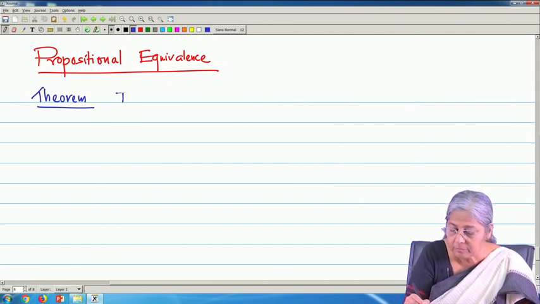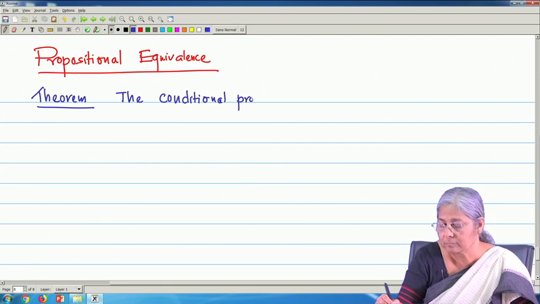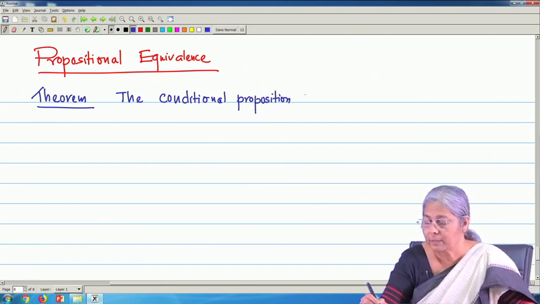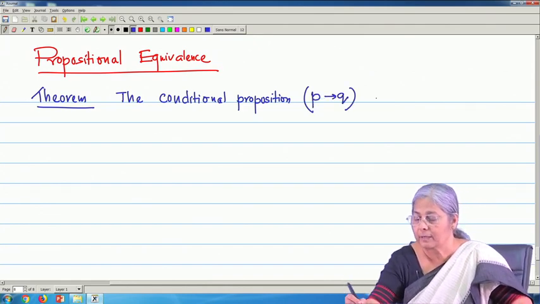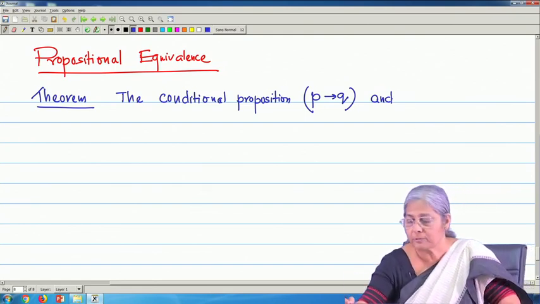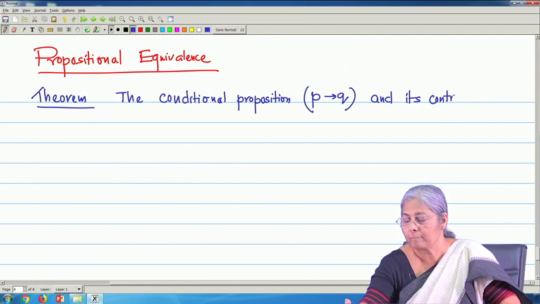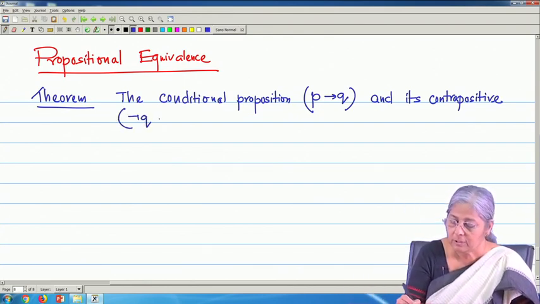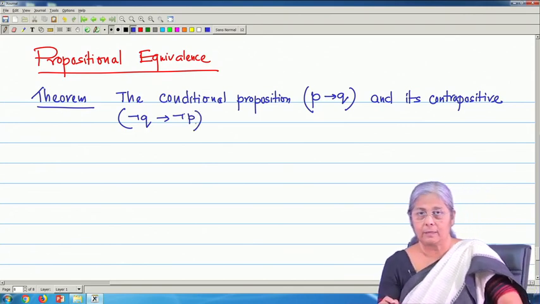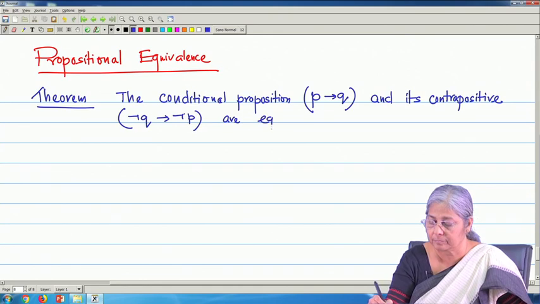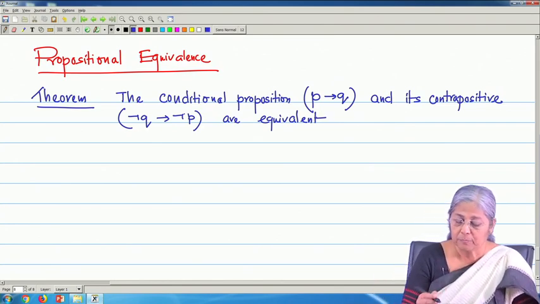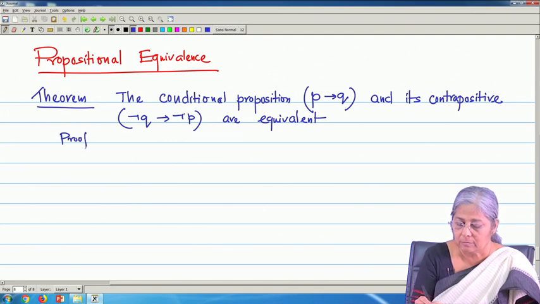So, the conditional proposition P implies Q and its contrapositive, that is negation Q implies negation P, are equivalent. We prove by truth table.